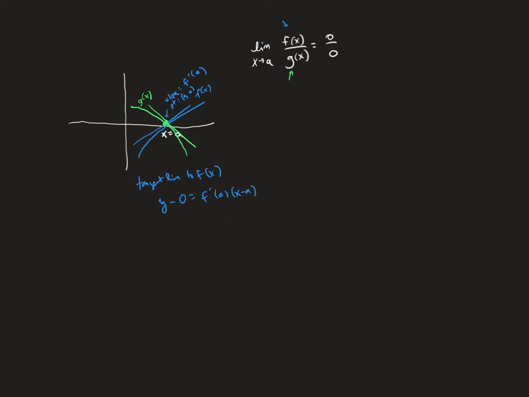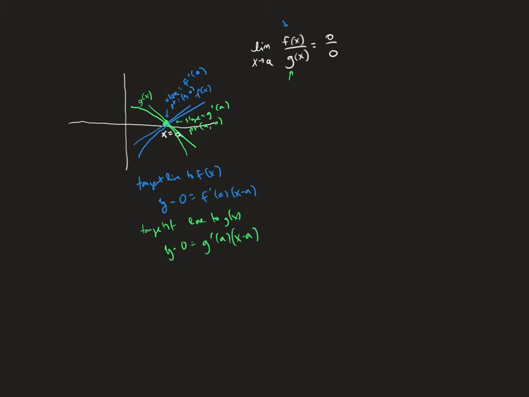If I do the same thing with g and find its tangent line, the slope at x equals a would be g prime of a, and your point would again be a comma 0. So the tangent line to g is going to be y minus 0 equals g prime of a times x minus a.